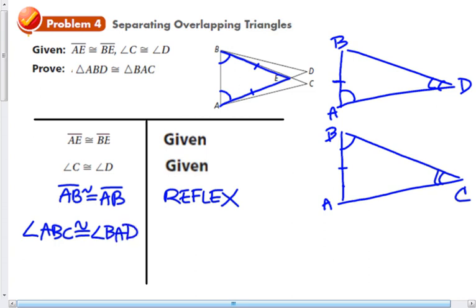And we're going to say that is because, maybe I should put this ahead, we're going to say triangle ABE is isosceles, and that's from the definition of isosceles triangle. And so angle ABC is congruent to angle BAD, that's by just the isosceles triangle theorem, ITT.